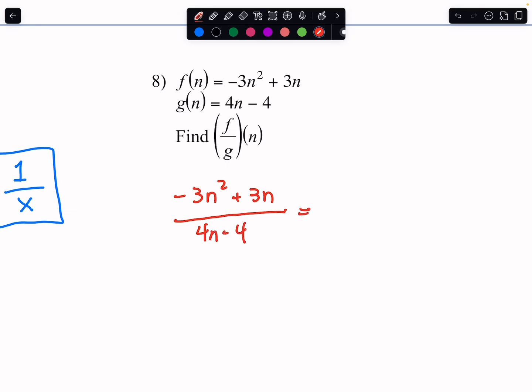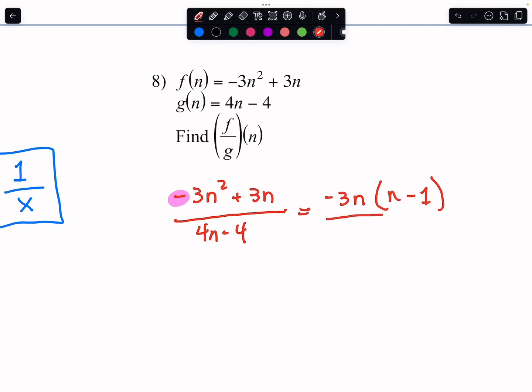Okay, so both of those can be factored. And remember what I told you, if the front number has a negative, you want to pull that out. So we're going to pull out a negative 3, and they both have an n, so I'm going to pull out negative 3n. I'll be left with n and then minus 1, because negative 3 times a negative 1 is the positive 3.